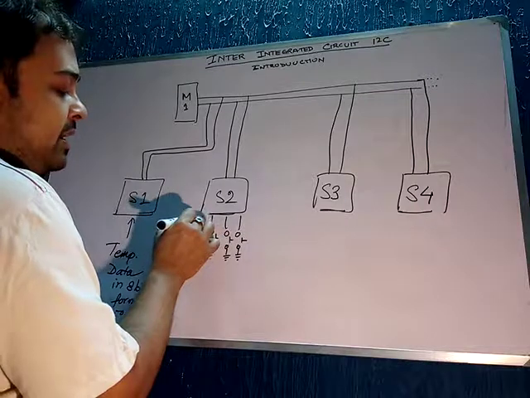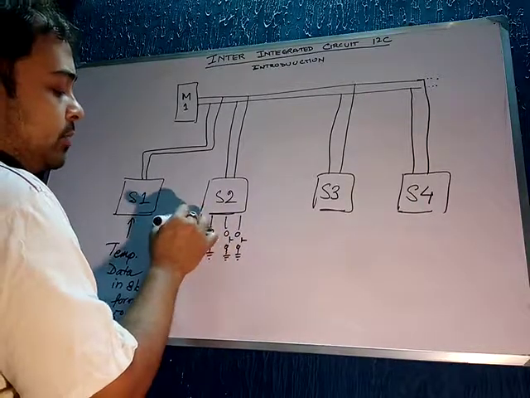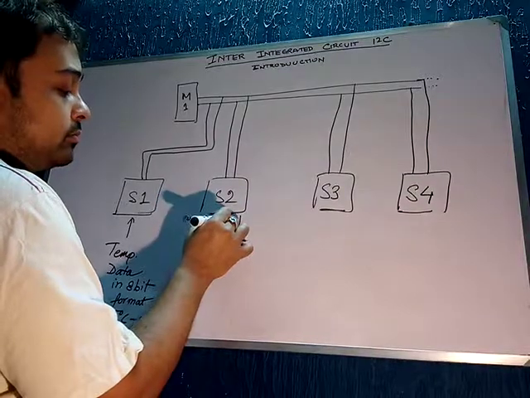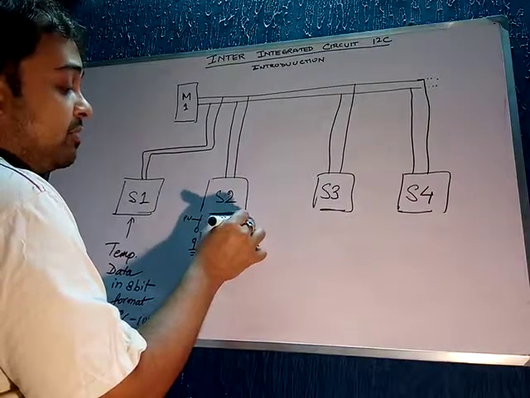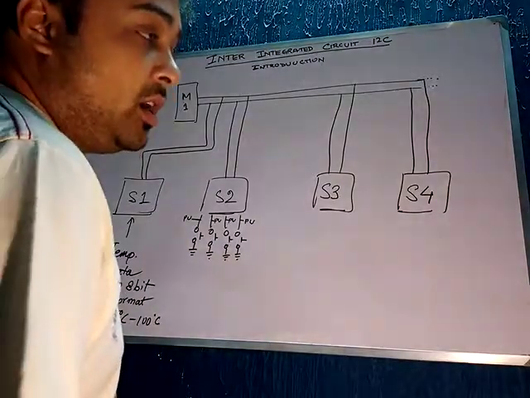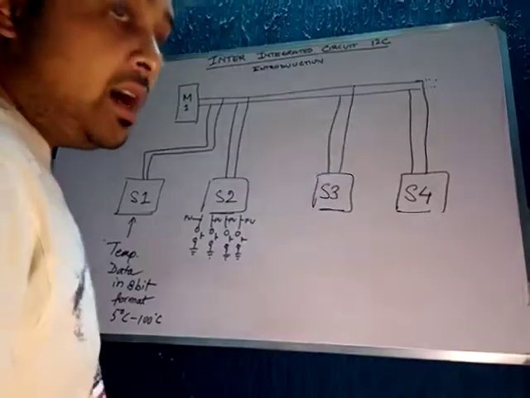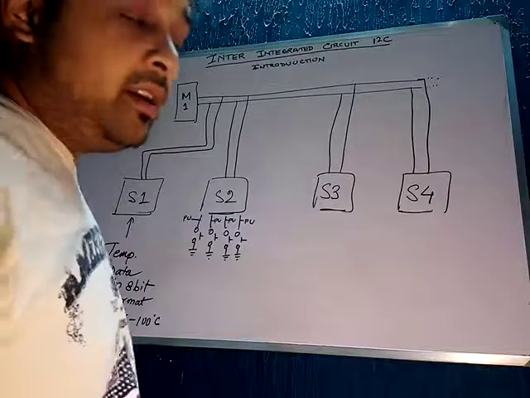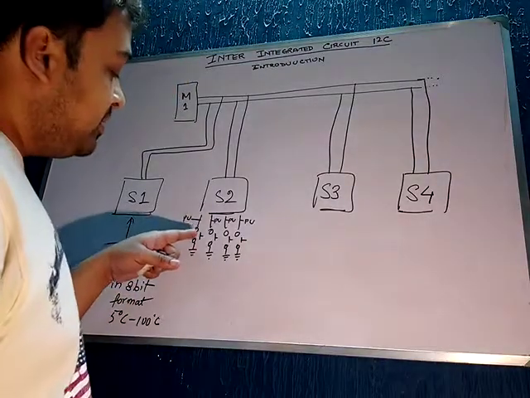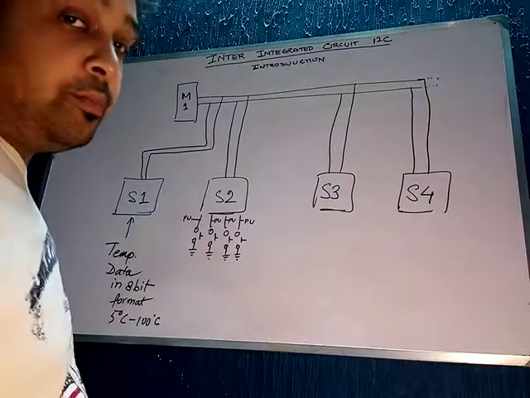Each and every pin is pulled up. I hope you understand the meaning of pull up. It means each and every pin is connected to VCC through a high value resistance. So when you press the button, that particular pin goes to ground.